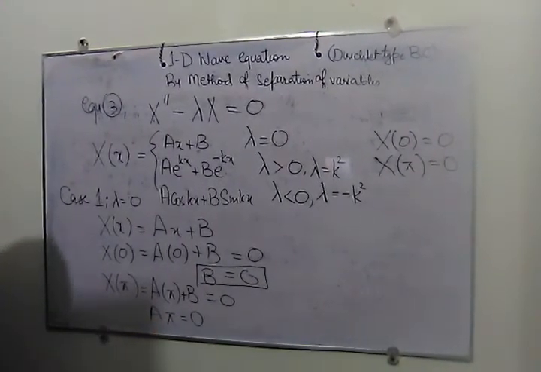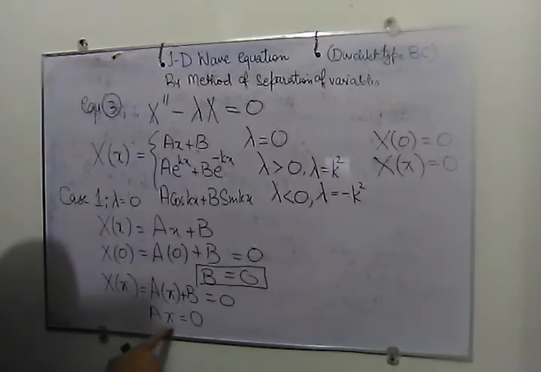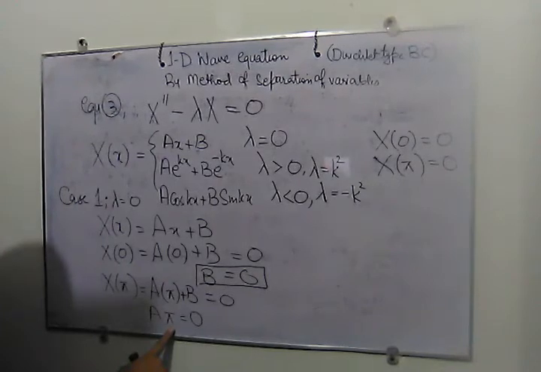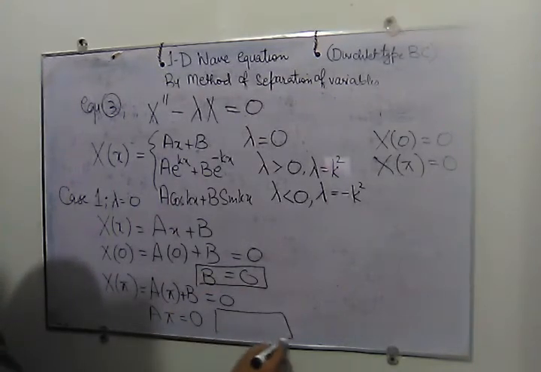Now we have a situation where the product of two numbers is 0, so one must be 0, either a or pi. Since pi is represented as the length of the string, and the length of the string is from 0 to pi, pi is a non-zero number, and therefore by this argument a is equal to 0.